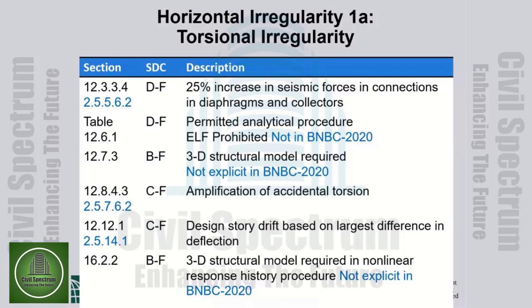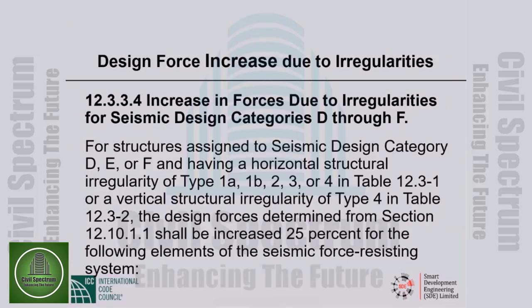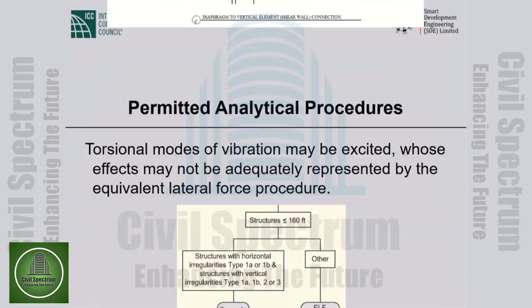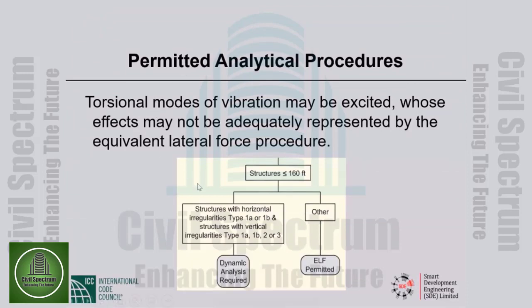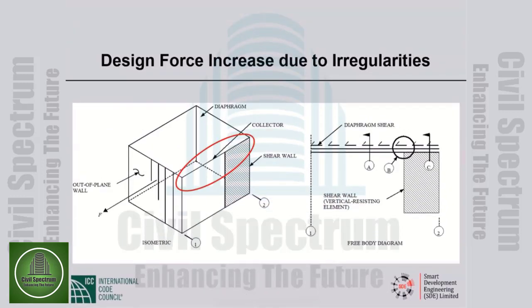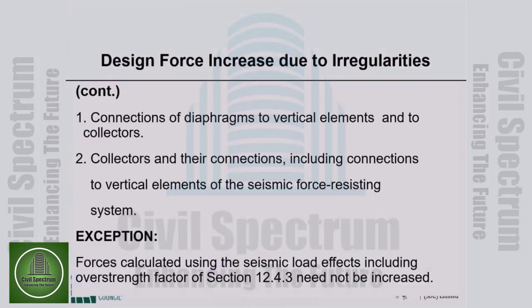If you go to that table, you will see that whenever you have a torsional irregularity 1A or 1B, even for shorter buildings, you will have to do dynamic analysis. That's the second reference.